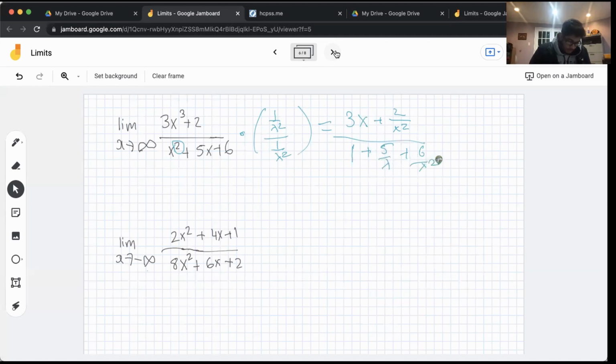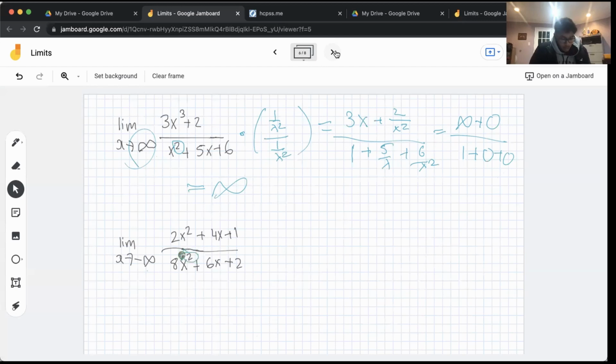And now we're going to plug in this limit, which gives us infinity plus 0 plus 1 plus 0 plus 0. And infinity over 1 is just infinity. So the asymptote for this function would be infinity. And let's practice one more time.